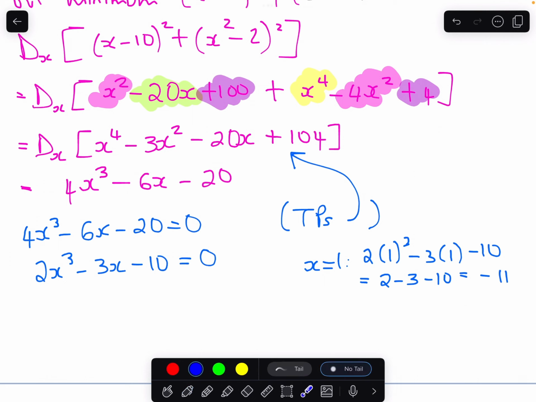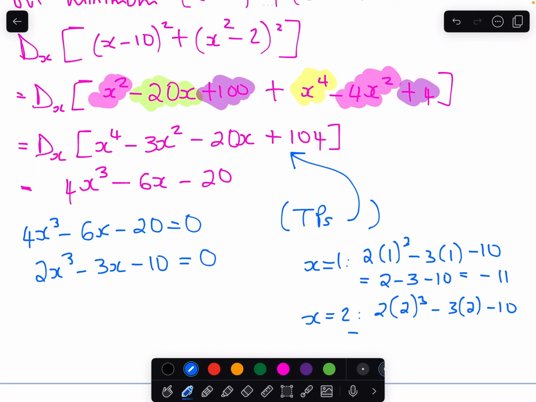Okay, let me just try with x is equal to 2. So we have 2 times 2 cubed minus 3 times 2. Oh, this looks promising. So this is 16 minus 6 minus 10, so that is 0. Okay, so x minus 2 is one of the factors.